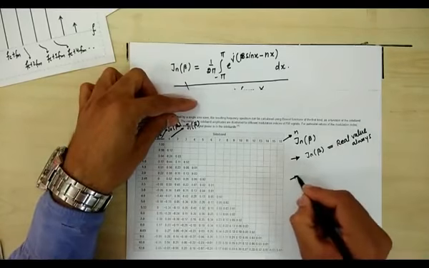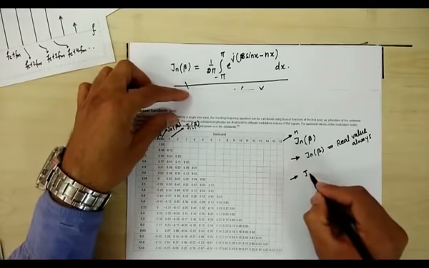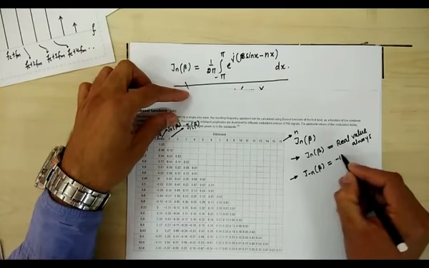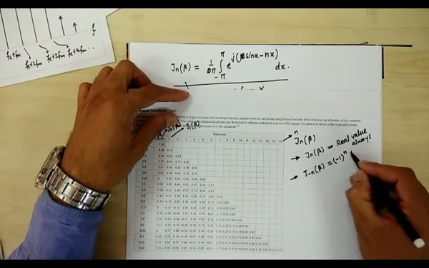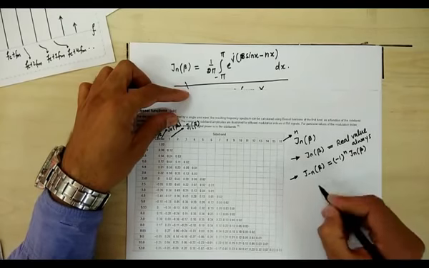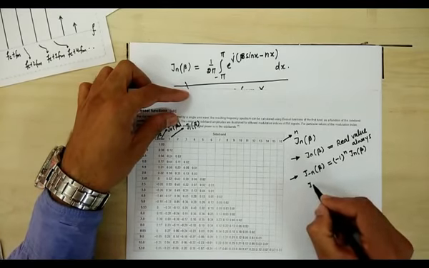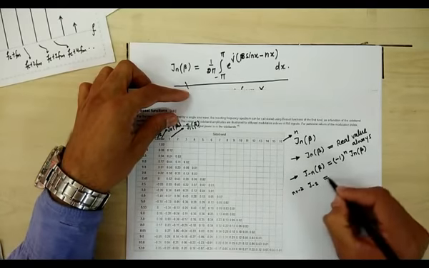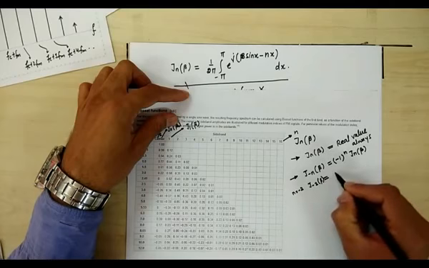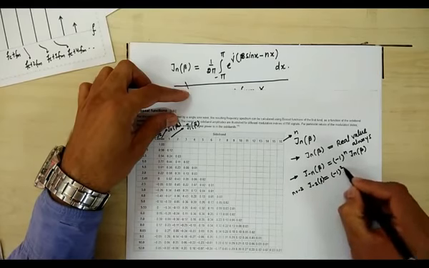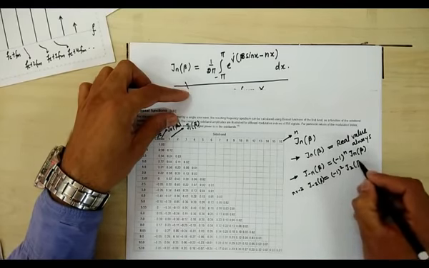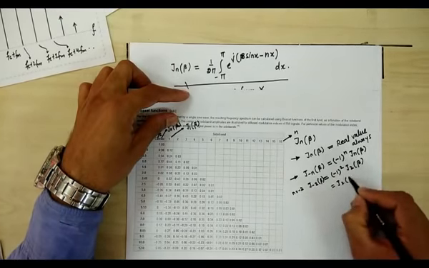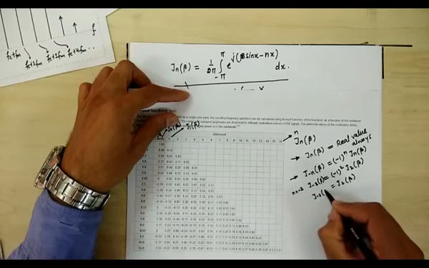The second important property is, if you take the minus n term, J minus n(beta) is equal to minus 1 power n times Jn(beta). When I take n equal to minus 2, this is equal to minus 1 power 2 times J2(beta). So J2(beta) and J minus 2(beta) are equal.